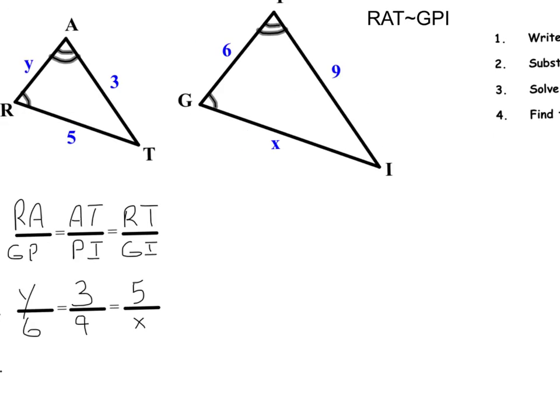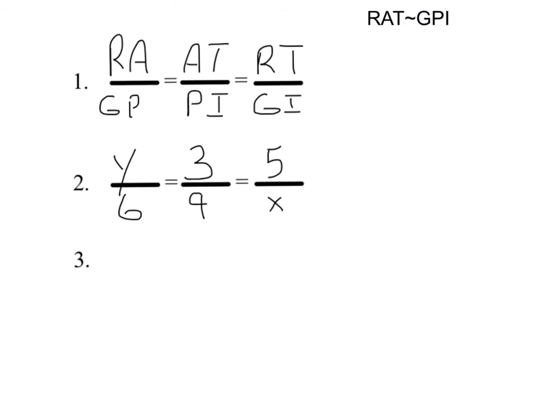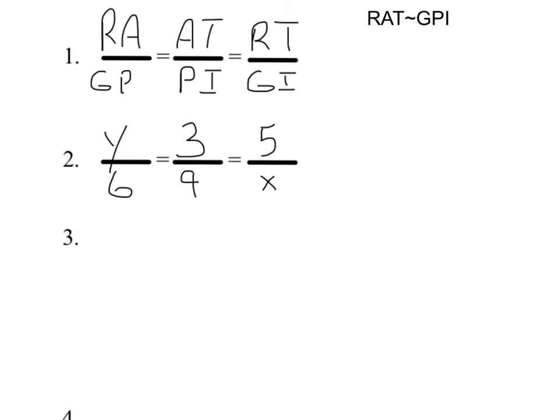So we move back over here to our large proportion, and we will simply cross multiply using the 3 and the 9 in the middle, with the 3 times x and then the 9 times 5. It looks something like this. 3 times x equals 9 times 5.